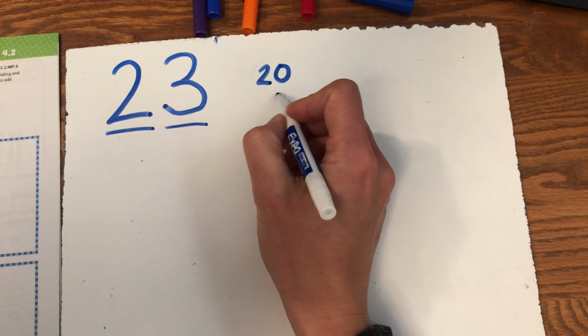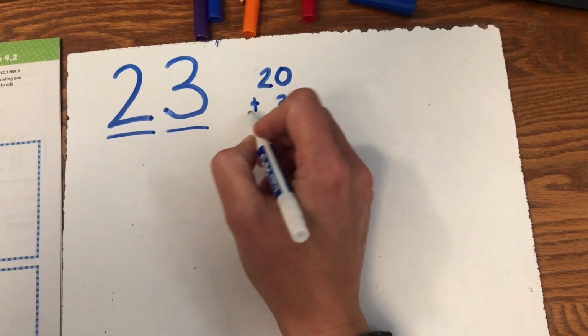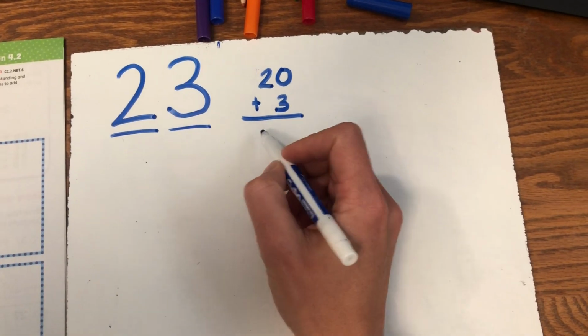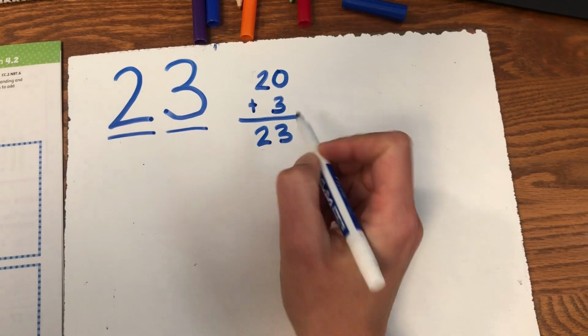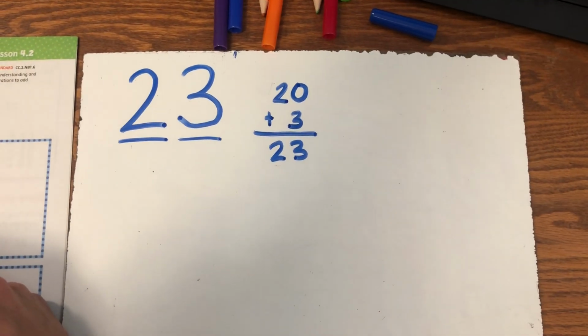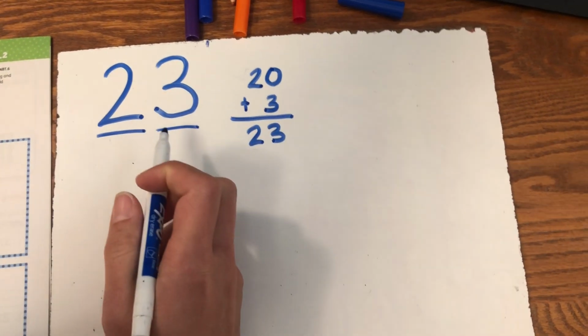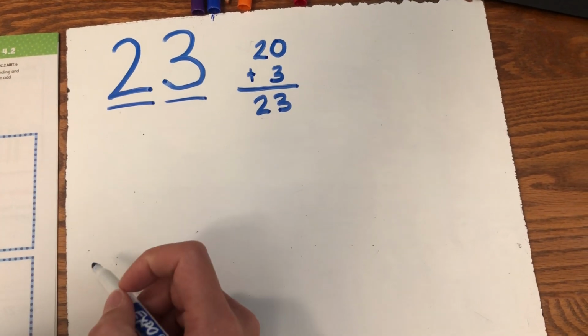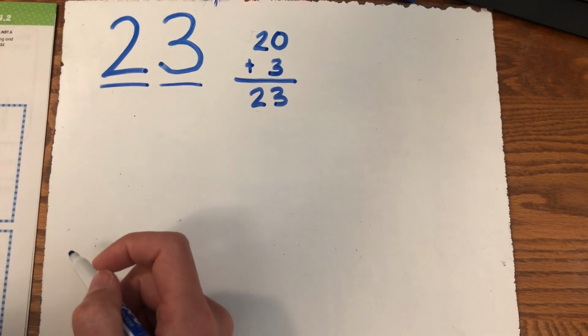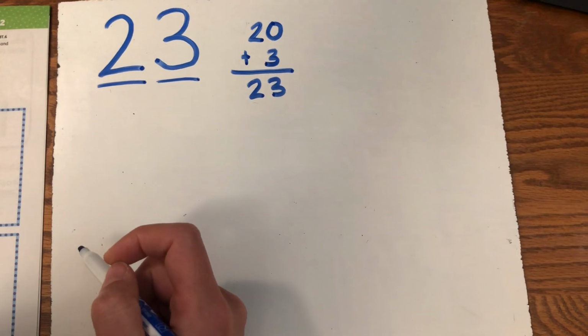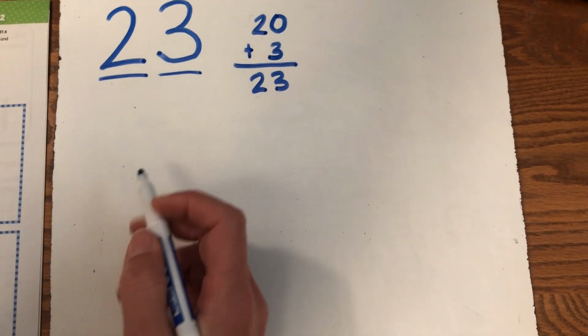If you said 3, you are correct. 20 plus 3 equals 23. Good job. Let's take this number of the day and put it into an equation that we need to solve using the skills that we practiced yesterday.